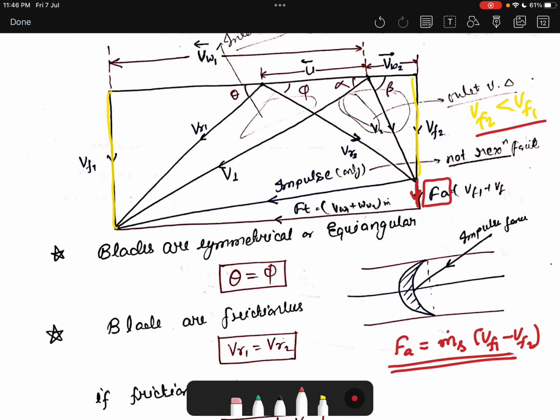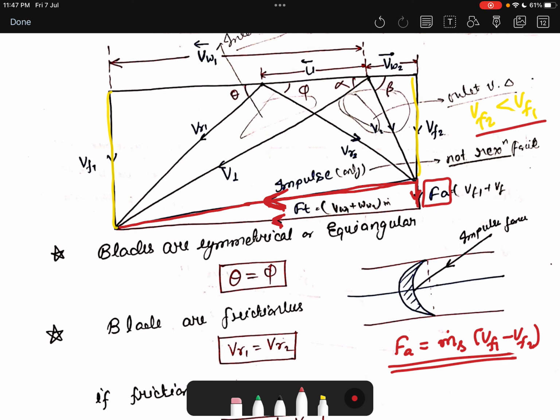Now this diagram is showing the impulse effect. This is what we want from the impulse turbine. There is not any reaction effect involved here. And this is the tangential effect, Ft.